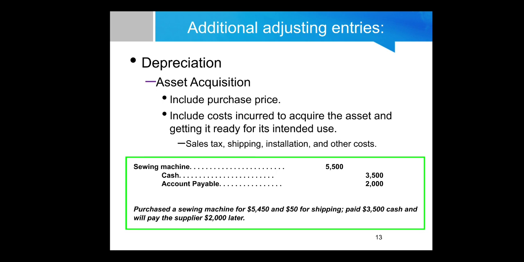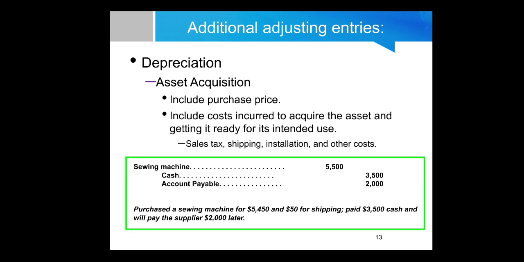So let's see an example here. Let's say a business, see the green box here, purchased a sewing machine for $5,450. At the same time, the business has to pay $50 for shipping for that sewing machine. The business paid 3,500 cash and will pay the supplier $2,000 later.